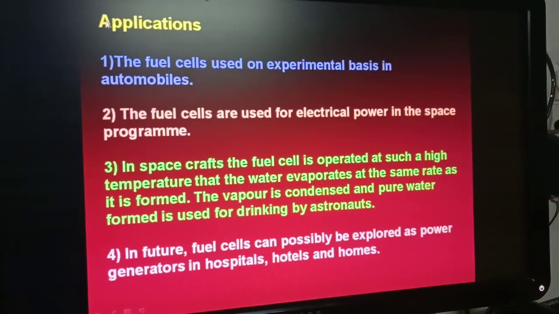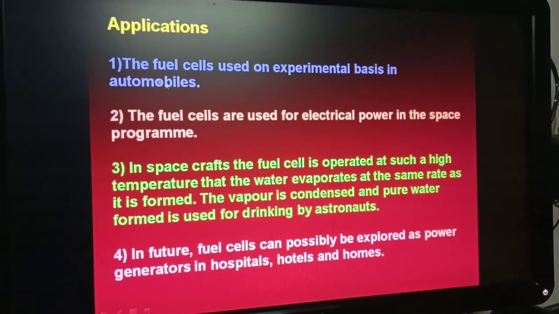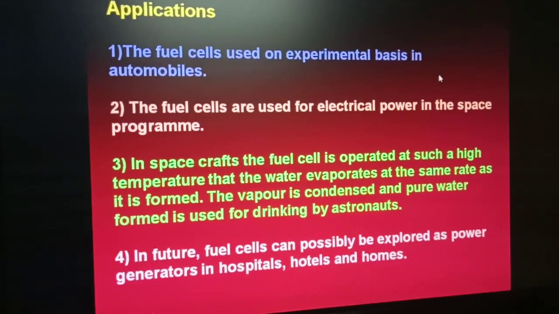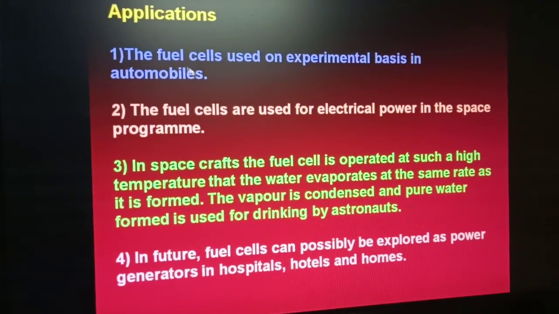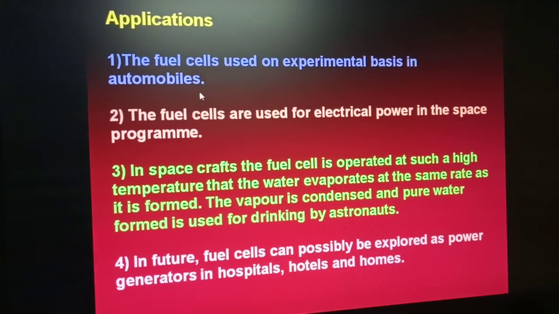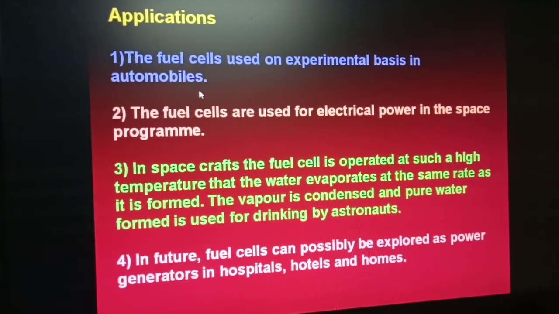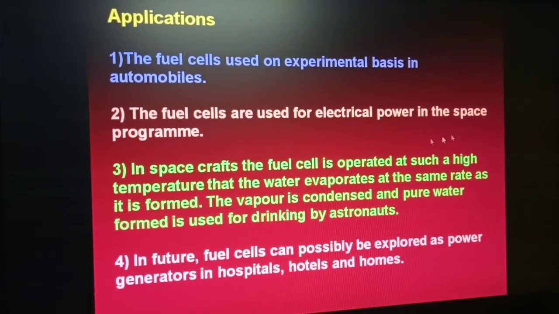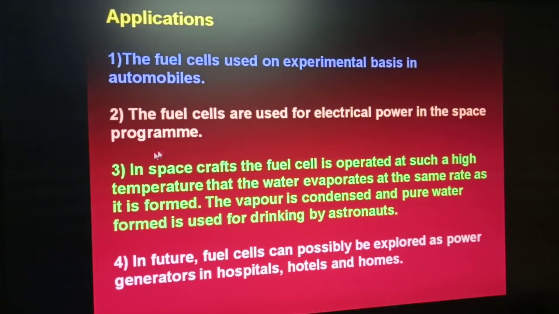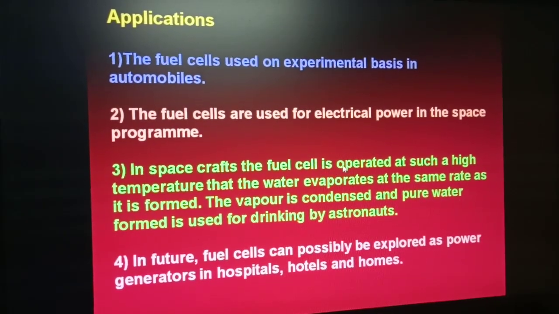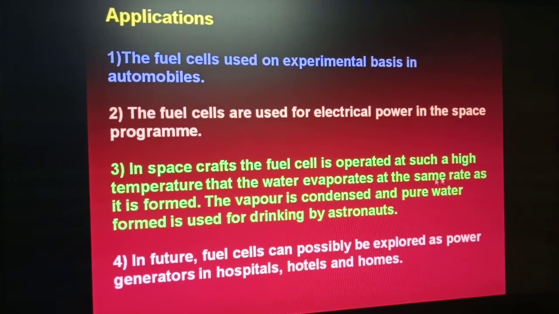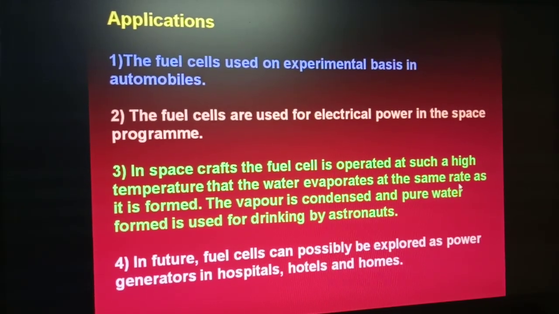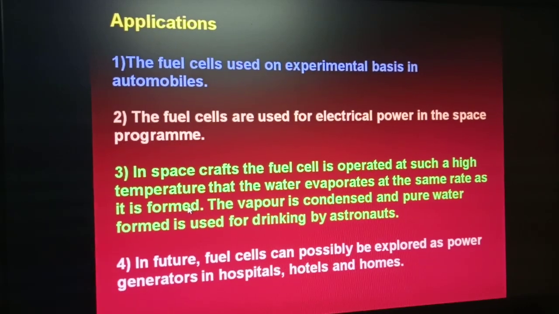Coming to applications of fuel cell. The fuel cells are used on experimental basis in automobiles. Fuel cells can be used in automobiles. The fuel cells are used for electrical power in space program. In spacecrafts, the fuel cell is operated at such a high temperature that water evaporates at the same rate as it is formed.